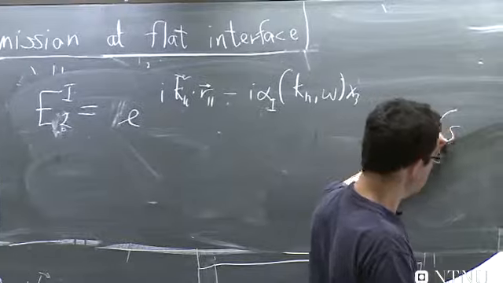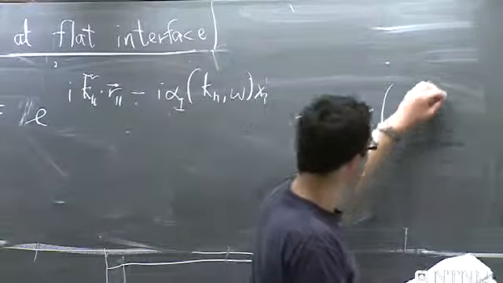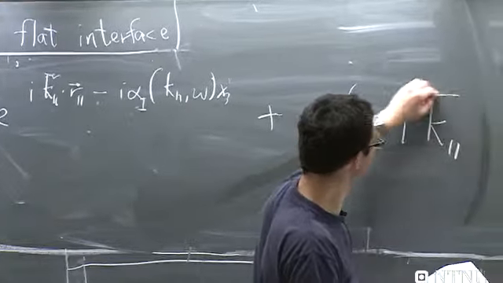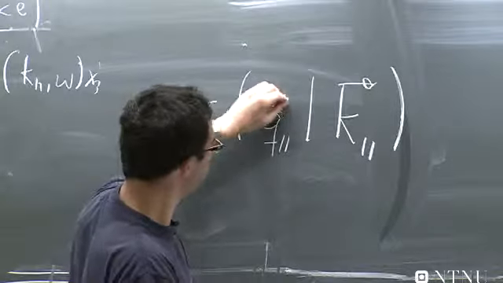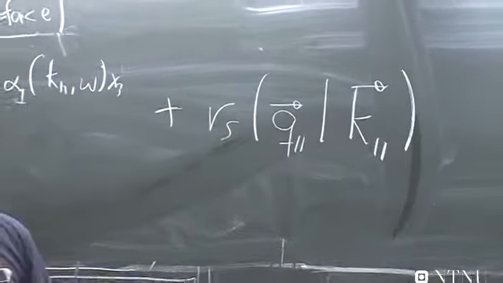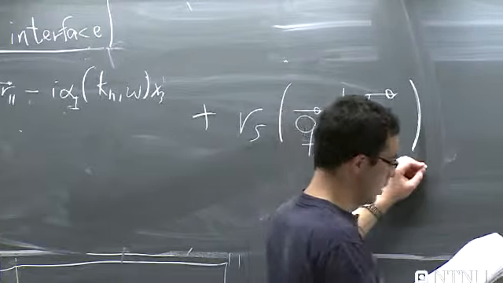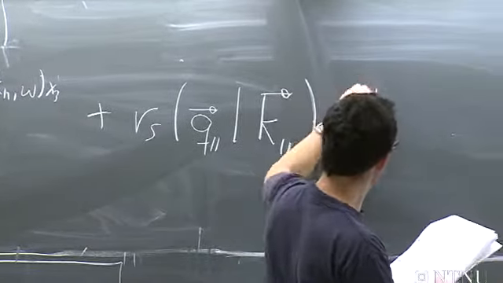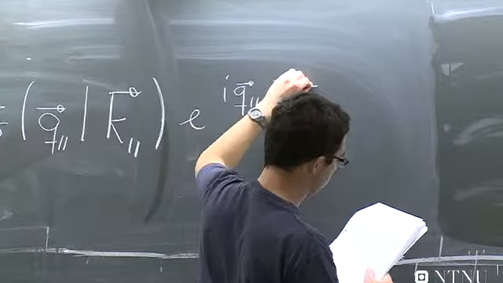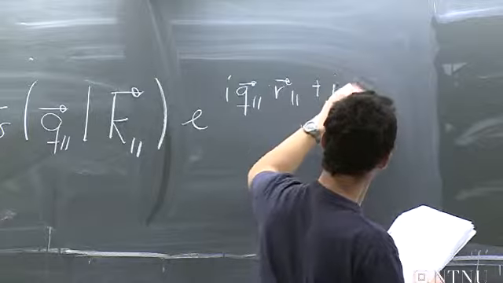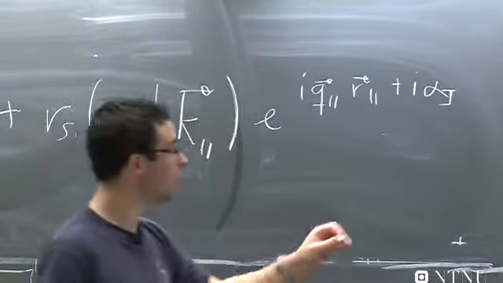And Rs is then the scattering amplitude from k parallel into q parallel. For now I'm assuming that the two are different. You all know the answer that they're the same, but for now let's be general. And then there's the exponential, and now there's a plus here because this wave is going up.